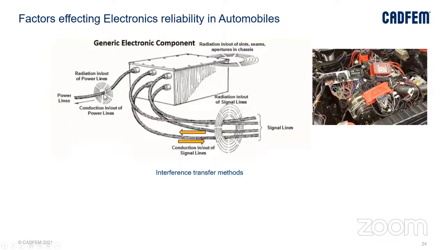So an electronic component needs to be designed in such a way that it creates fewer emissions, both radiated and conducted, and needs to be immune with respect to both conducted and radiated emissions.